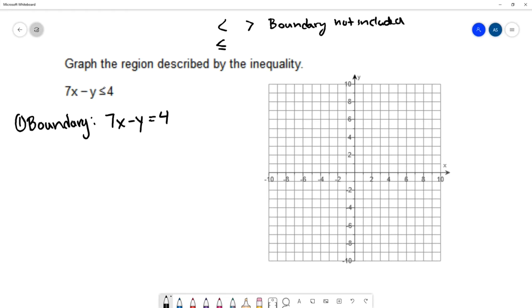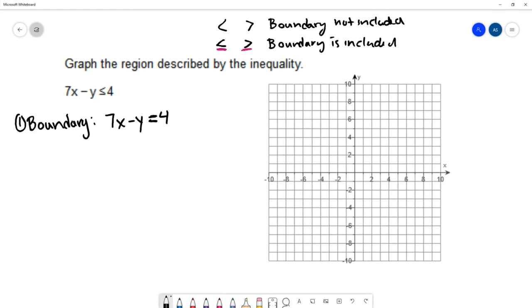And when we use the symbol less than or equal to and greater than or equal to, the boundary is included. And remember, the boundary is using the equal symbol, so it makes sense that whenever we use the equal symbol in our inequality, the boundary should be included.